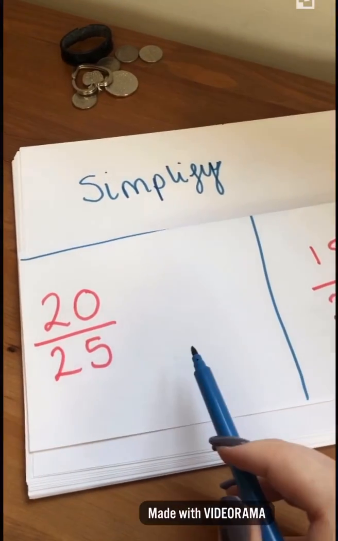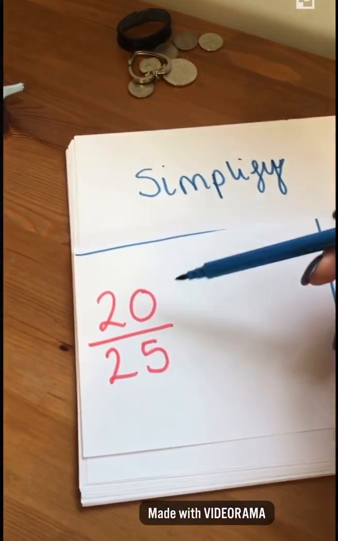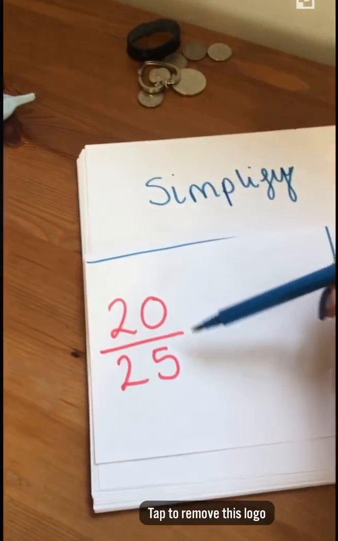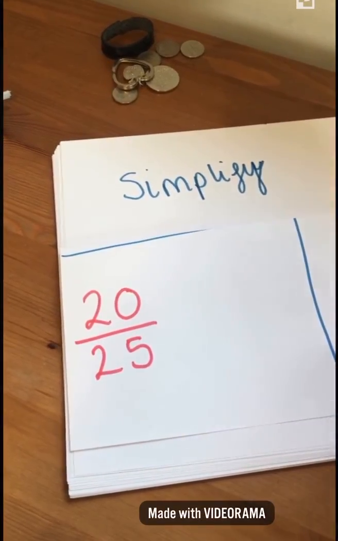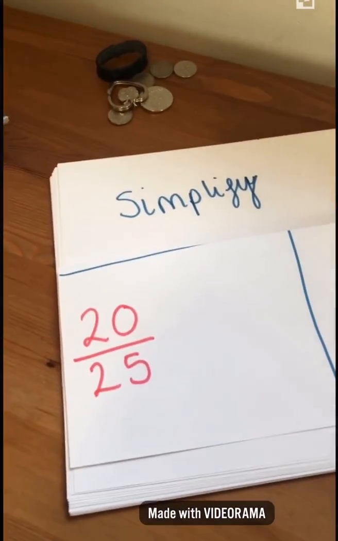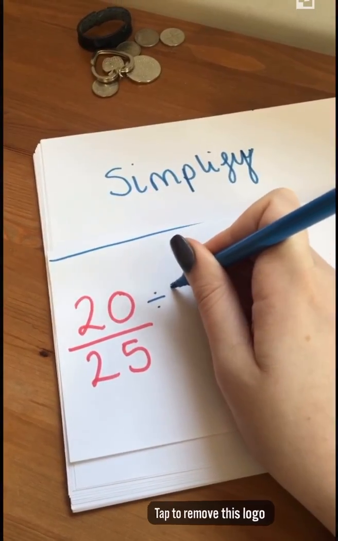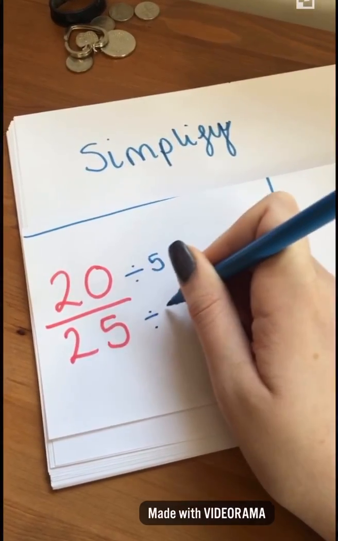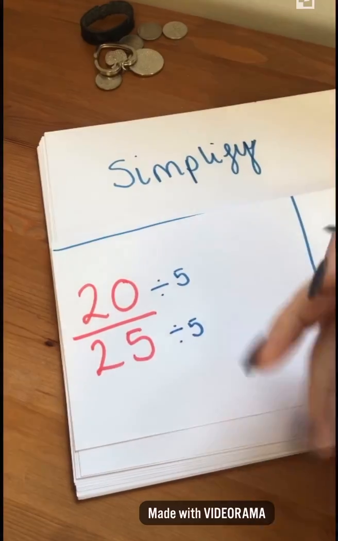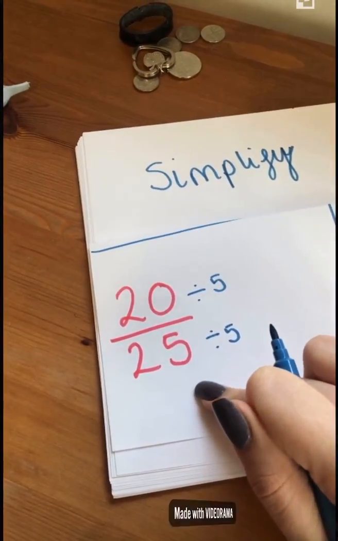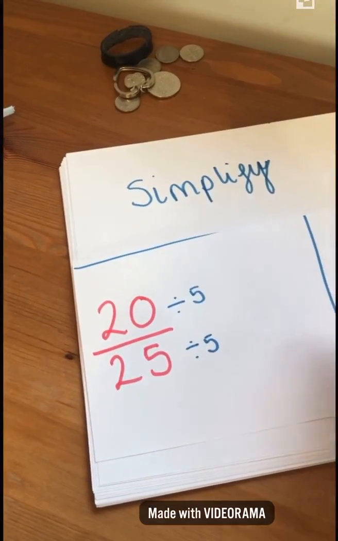my fraction down. So I need to think about which number I know, the largest number that I know that goes into both of these numbers without leaving a remainder. So I know that using my magic maths, I can divide both of these numbers by 5. And that's the highest number I can divide both the numerator and the denominator by, in order to not have a remainder.